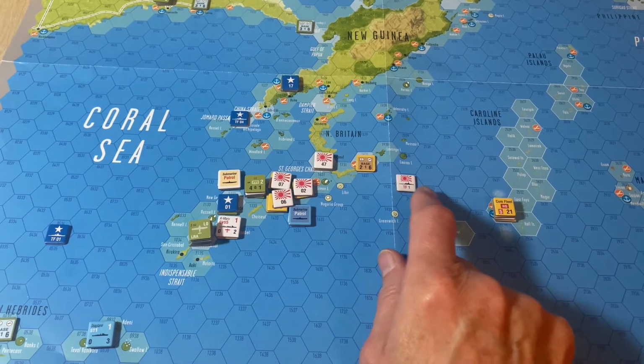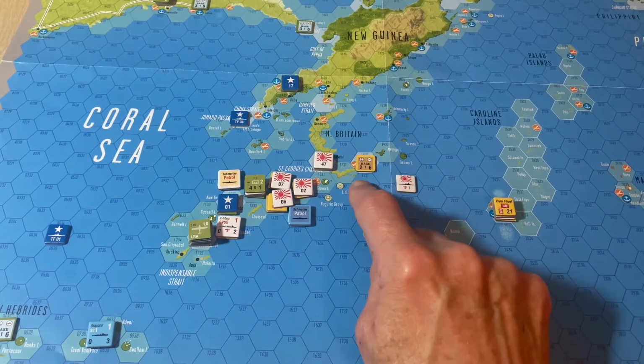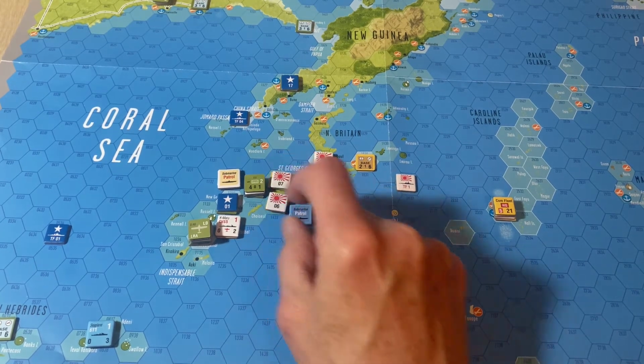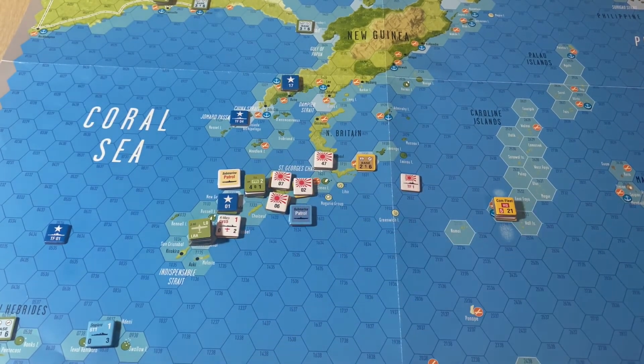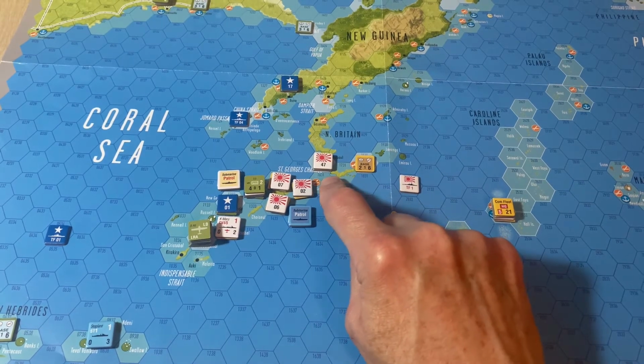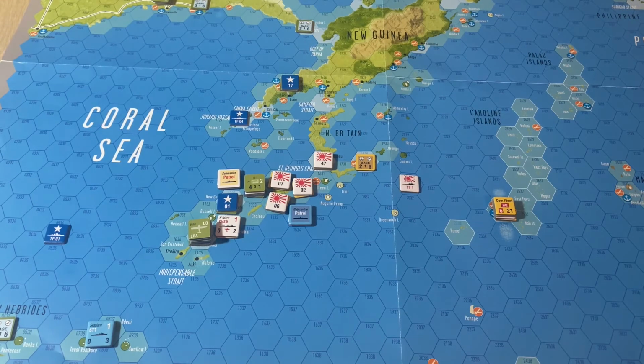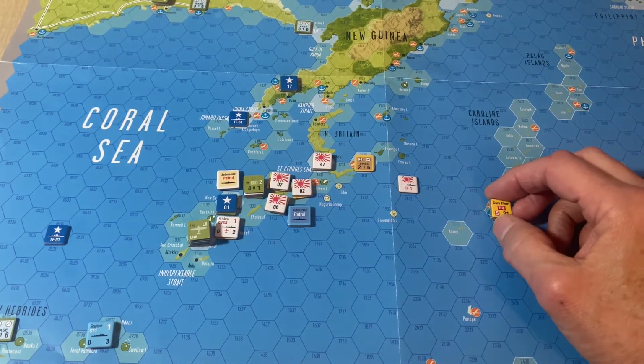The Japanese task force is moving into position to try to get some air attacks on some naval units. It might take more than one more battle cycle. They need to get to about here, 1, 2, 3, 4. Yeah. So they can harass the transport ships, maybe sink one of them.